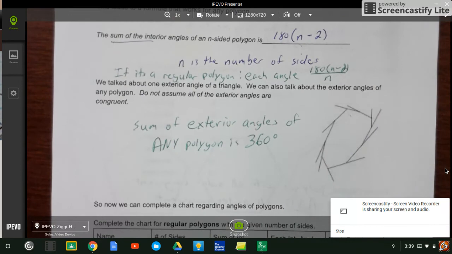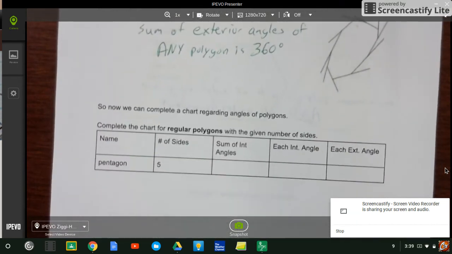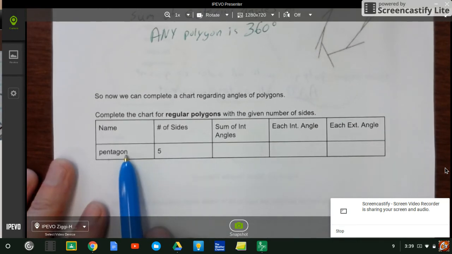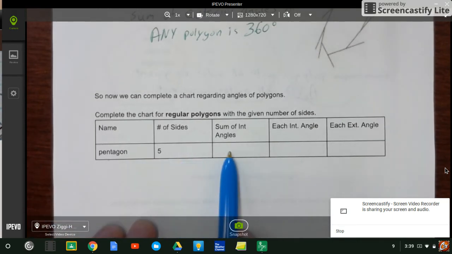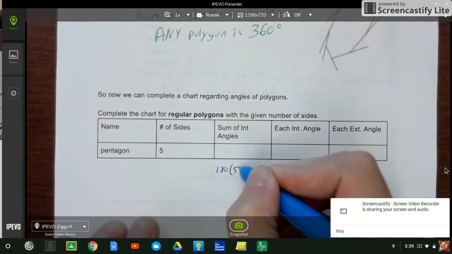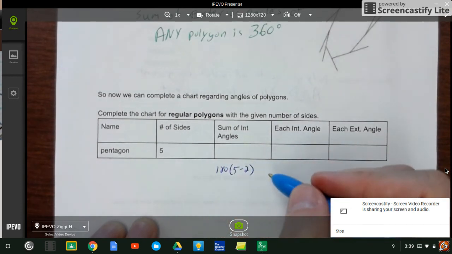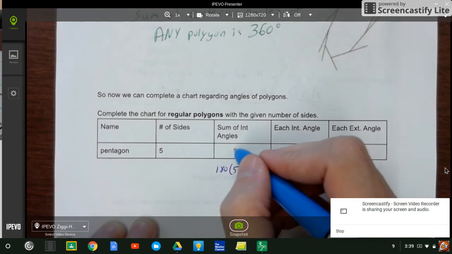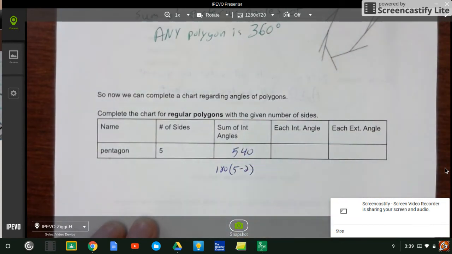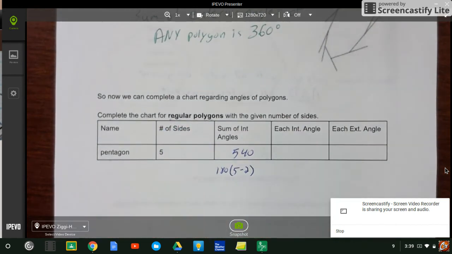So that means we could now build a chart. So this is your first piece of work. You're going to have to build a chart that does this. Pentagon has 5 sides. The sum of the interior angles. So that's 180 times 5 sides minus 2, and we said that gives us 540. Each angle, because it's a regular polygon, I can actually compute each angle of those.